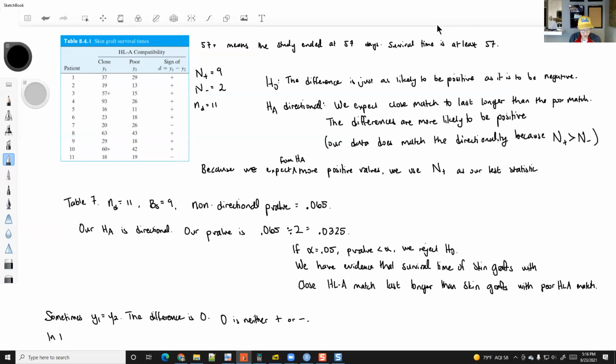So in these cases, we basically ignore that observation, and we reduce ND to the number of non-zero differences.